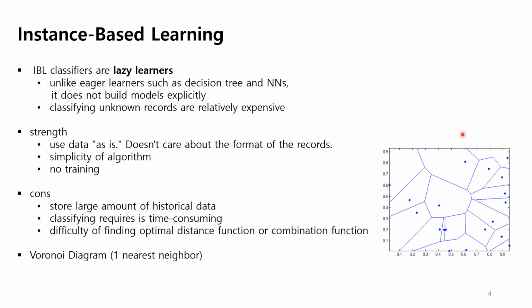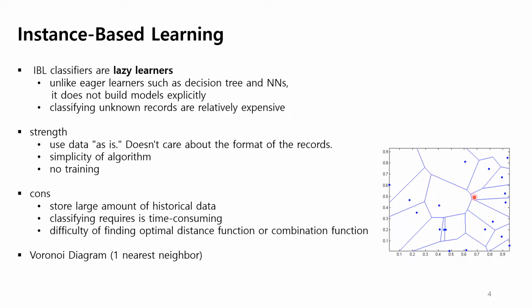This diagram is called a Voronoi diagram, and this one shows the result of one nearest neighbor. These blue dots represent training data. And this region means if a new data falls in this area, then its class value is the same as this one's.